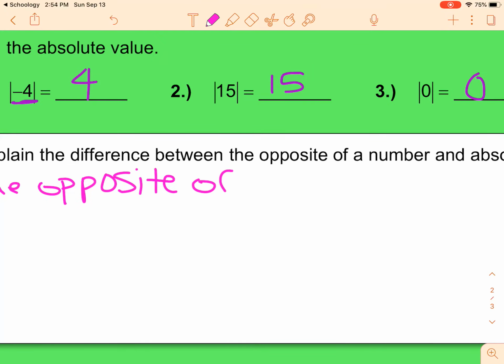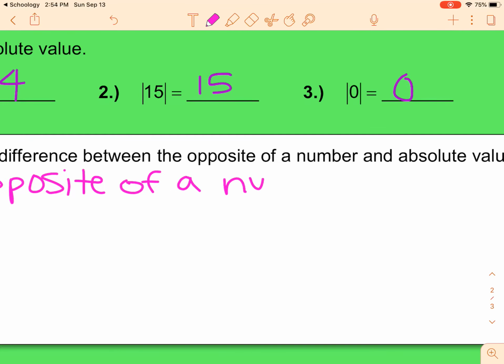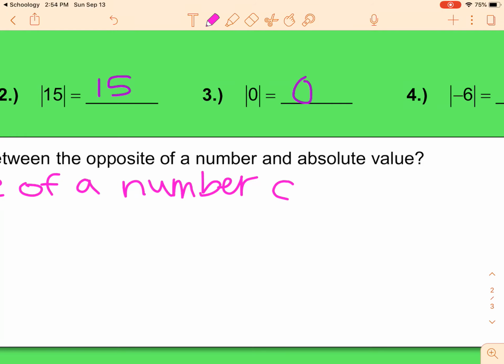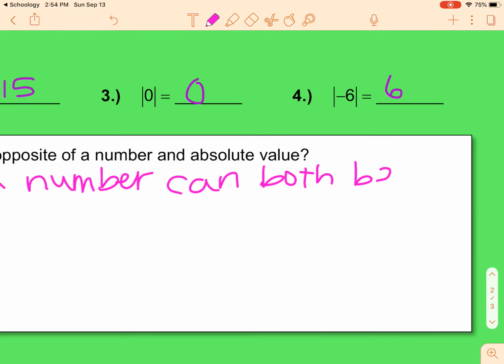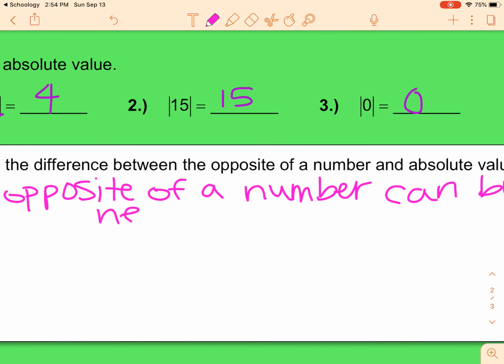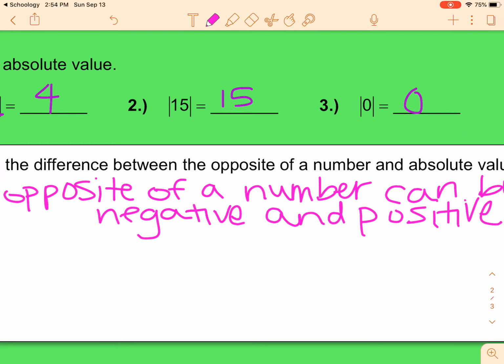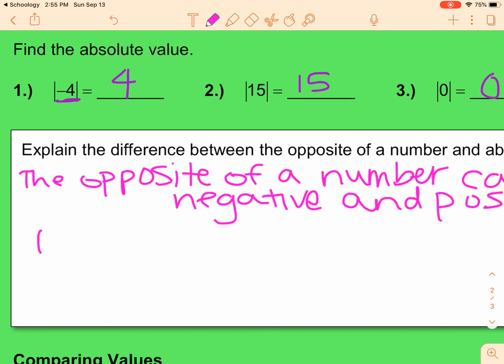So the opposite of a number can be both negative and positive. Now the absolute value of a number, what did we talk about up above?